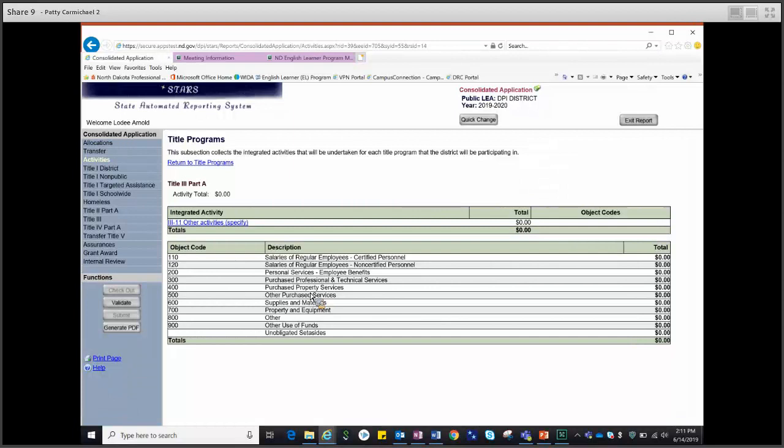So you don't have to do, for example, if you have somebody attending a conference, you can use the integrated activity of professional development and put in there travel, registration, all of that into one integrated activity. They don't have to be separate. However, they do have to be coded separate within that integrated activity.